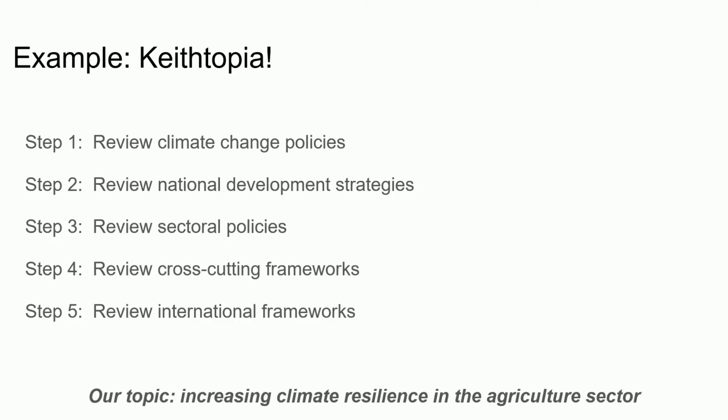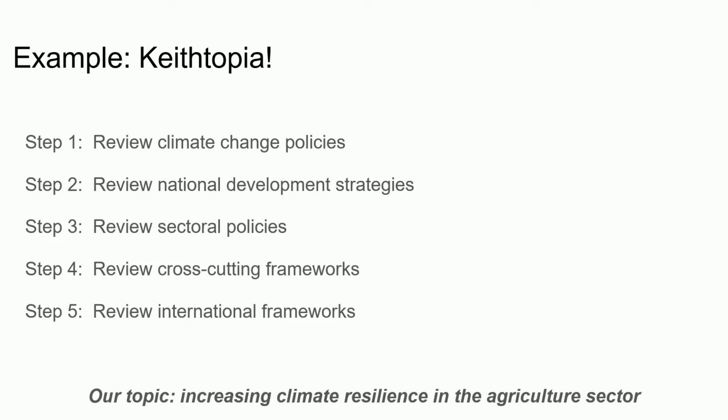So we're in Keithtopia. We want to develop a climate change project, a SAP project. The first thing that we need to do, we'll follow these 5 steps. We'll review climate change policies. We'll review national development strategies, sectoral policies. We'll review cross-cutting frameworks and so forth.